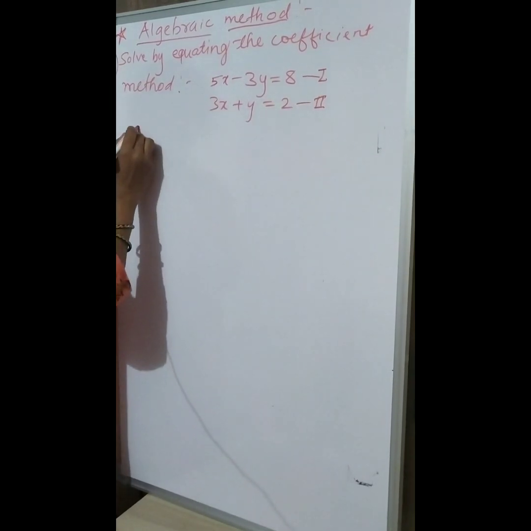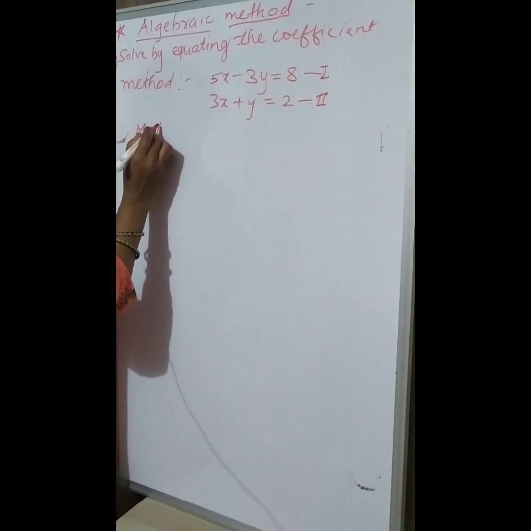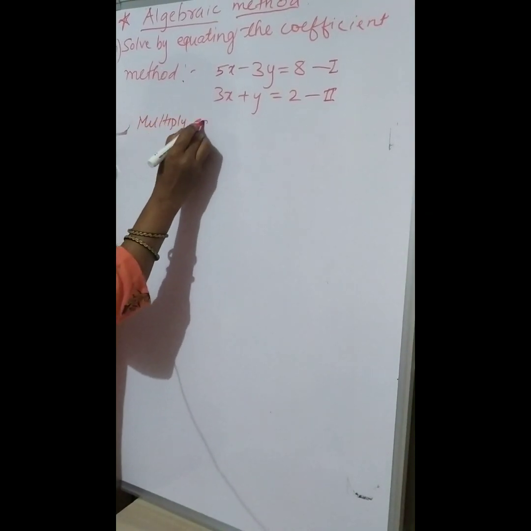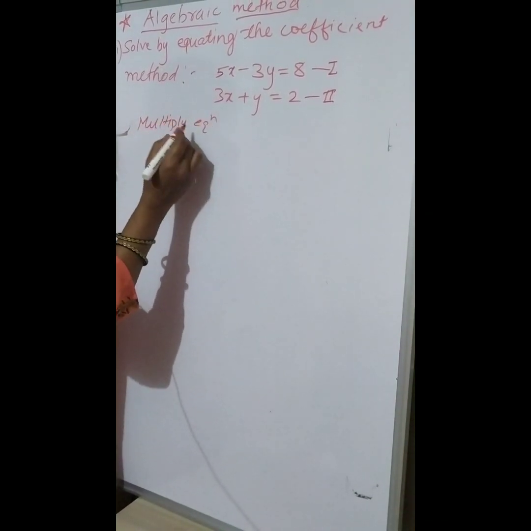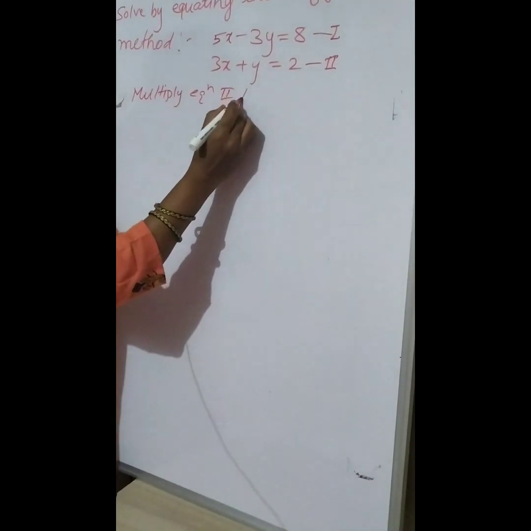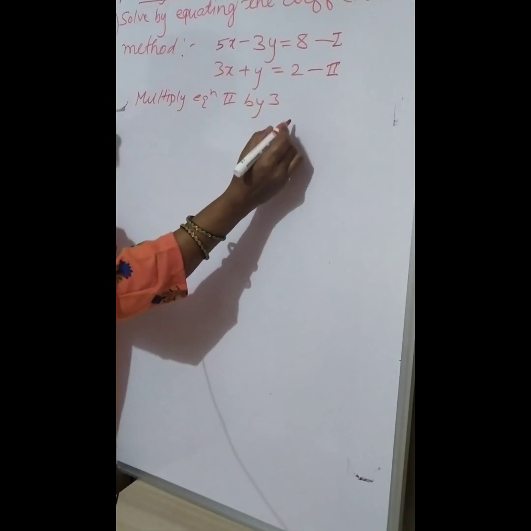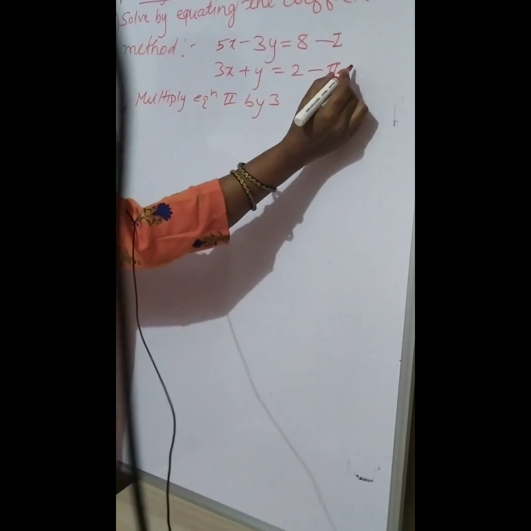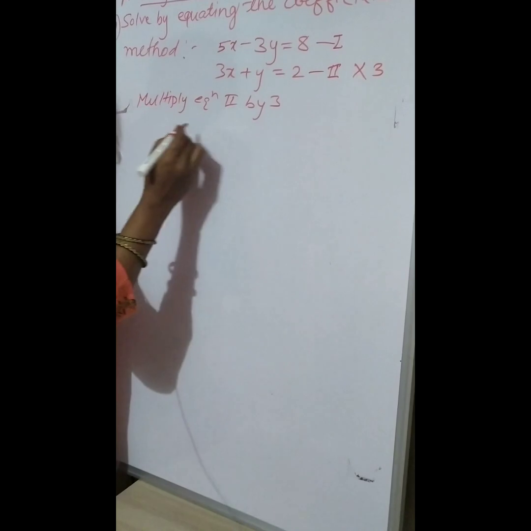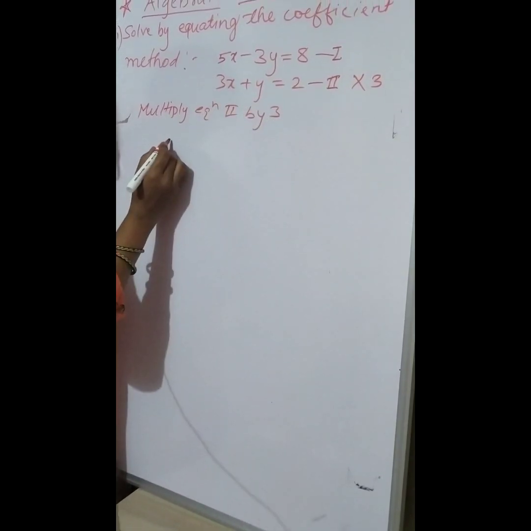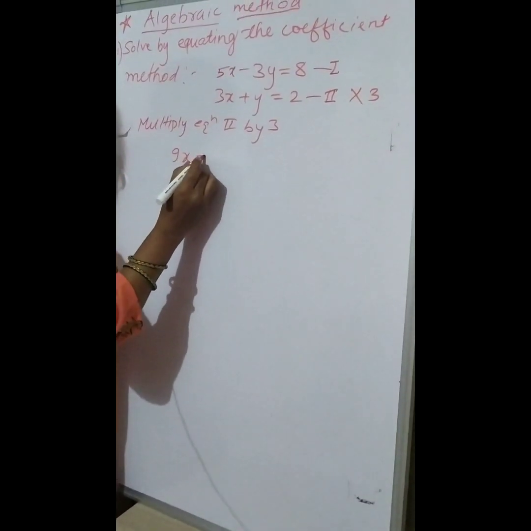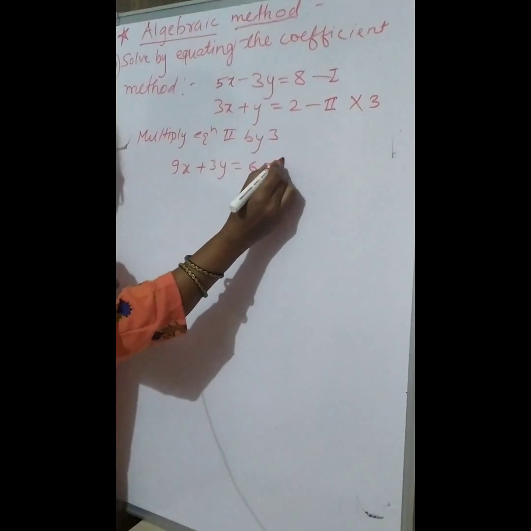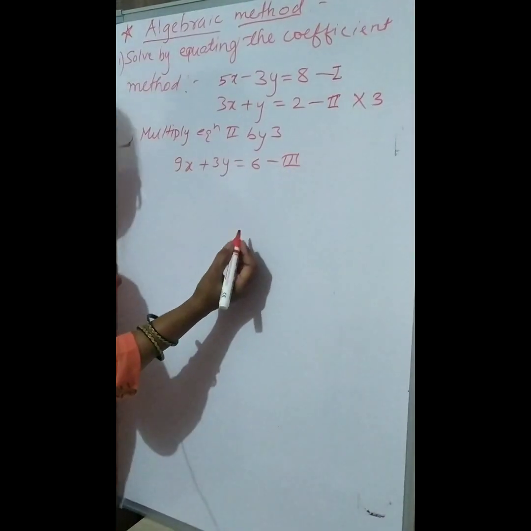Now multiply equation 2 by 3 in order to eliminate y. So multiply the second equation by 3. So what will you get here? 3 into 3, 9x plus 3y is equal to 3 into 2, 6. This is equation number 3.